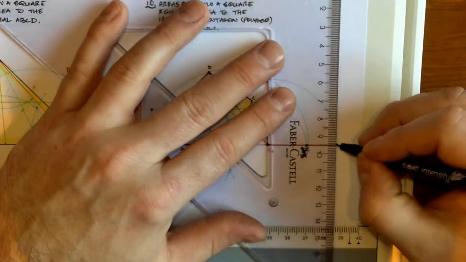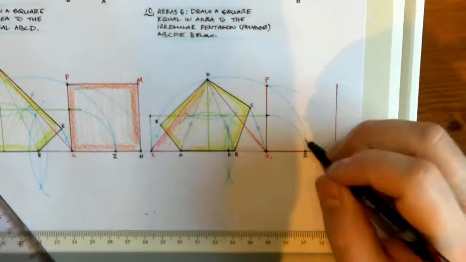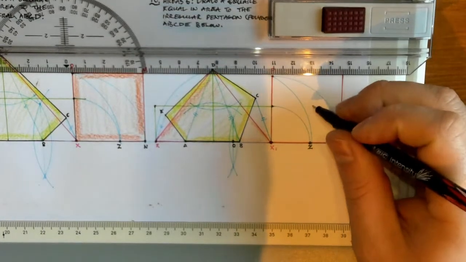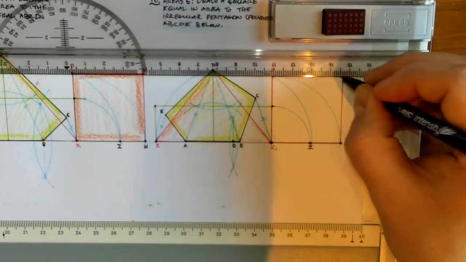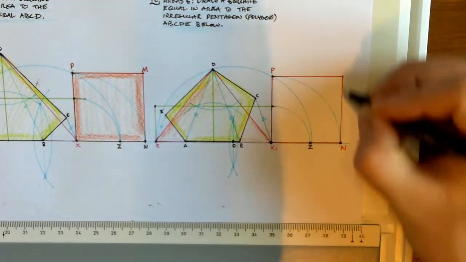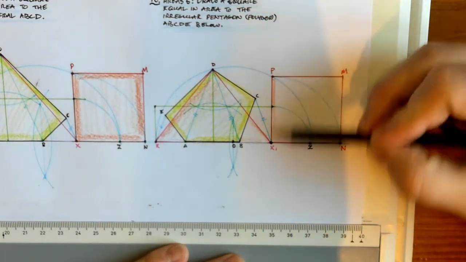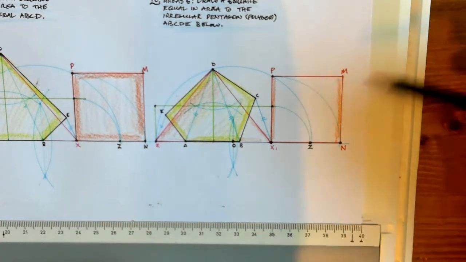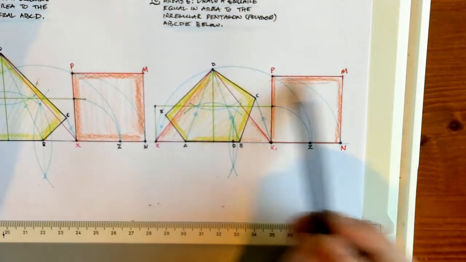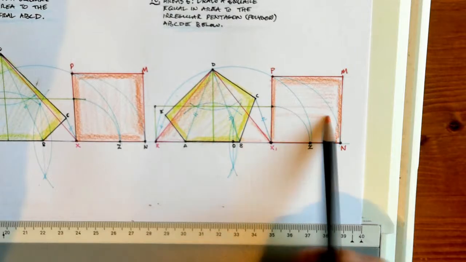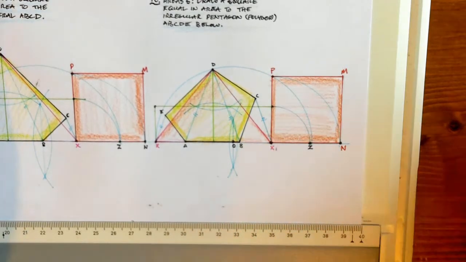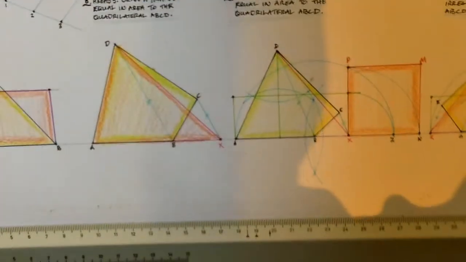And then we'll extend up and we'll extend across from P. And we just label them points N and M, just to be consistent with the previous example. Give it a little bit of colour there, just to distinguish what our final outcome is. And that is it.